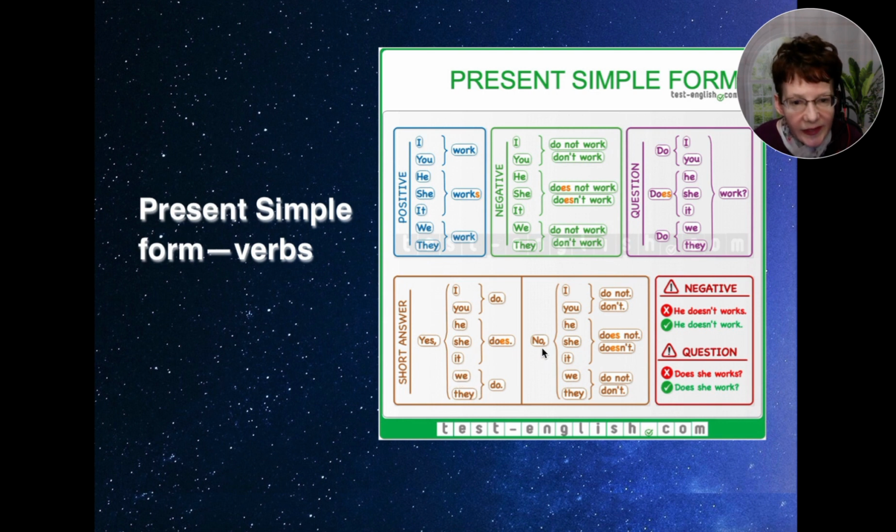Or for negative, we can say no, I do not or don't. Same with you. And then no, he, she, or it does not or doesn't. Or no, we or they do not or don't. All right.